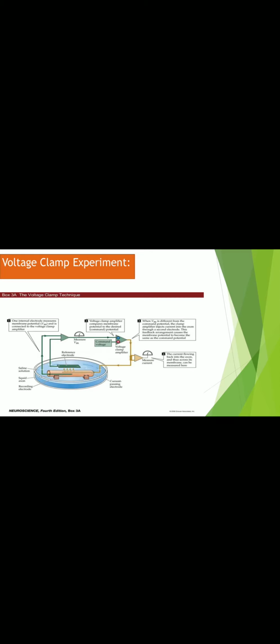This feedback arrangement causes the membrane potential to become the same as the command potential. So the current flowing into the axon crosses its membrane and can be measured by the voltage clamp. This is the basic technique of how voltage clamp was used.